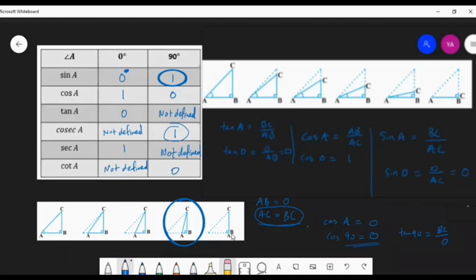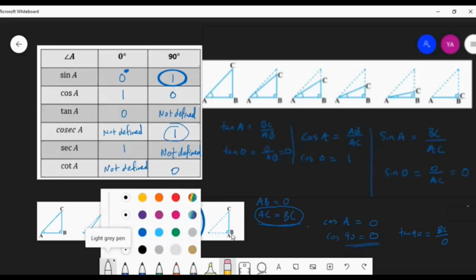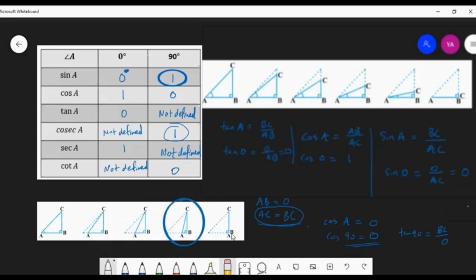So there are some generalizations we want to make. You look here, sin 0 is equal to 0 and sin 90 is equal to 1. So if you take any angle between 0 and 90, its sine value will be between 0 and 1. When the angle increases from 0 to 90, the sine value will also increase from 0 to 1.